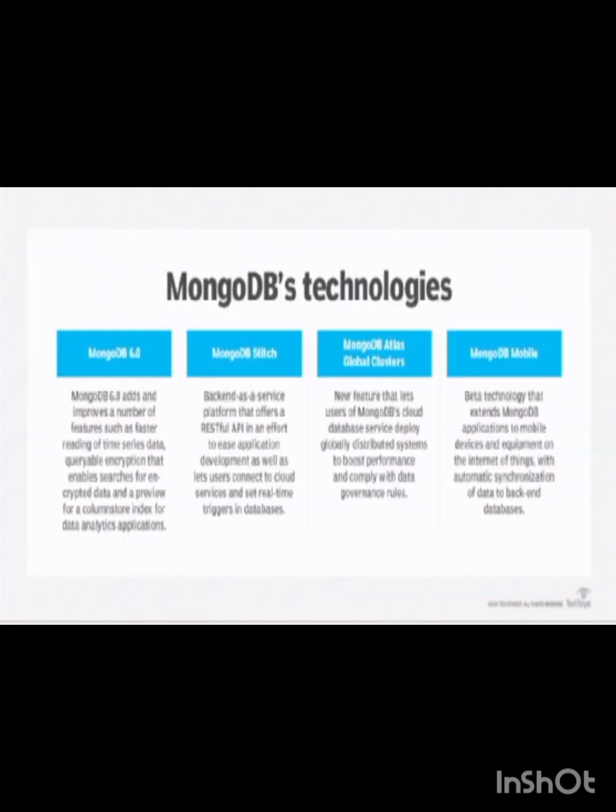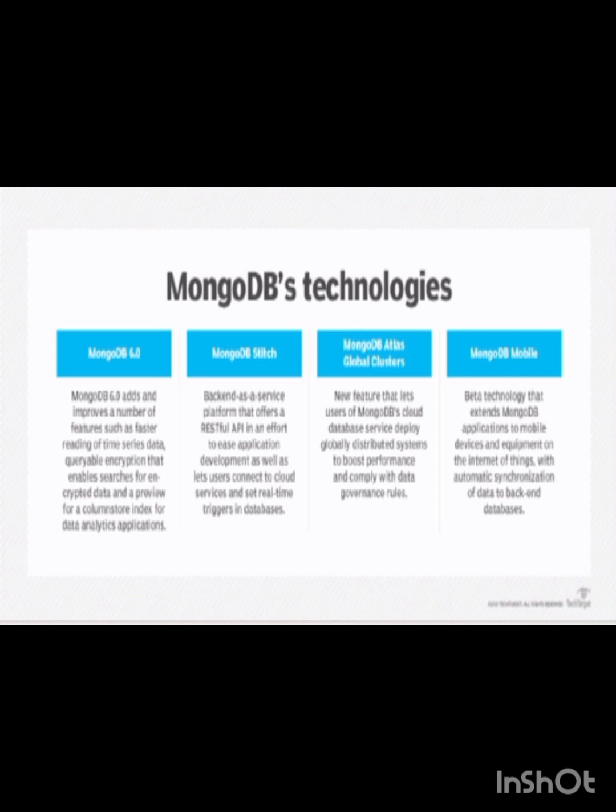Moving on to the next slide, let us see about MongoDB's technologies. MongoDB 6.0 adds and improves a number of features such as faster reading of time series data, queryable encryption that enables search for encrypted data, and a preview for a column store index for data analytics applications. The next one is MongoDB Stitch, a backend as a service platform that offers a RESTful API in an effort to ease application development, as well as let users connect to cloud services and set real-time triggers in databases.